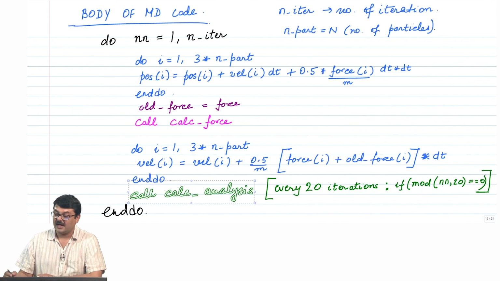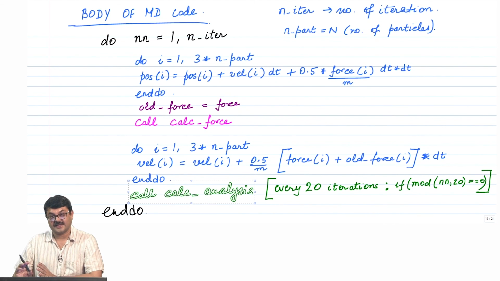So if you put some other number, like 100, basically mod nn comma 20 gives the remainder, right. If you divide nn, the first number, by 20, it gives the remainder, and only if it is equal to 0, which means nn is exactly divisible by 20, that means nn is a multiple of 20.